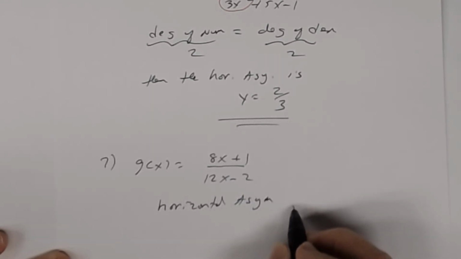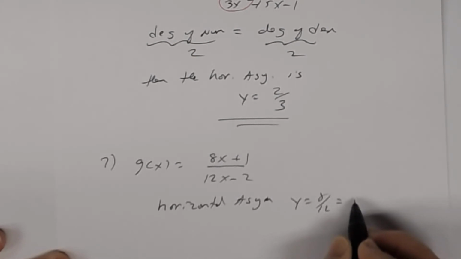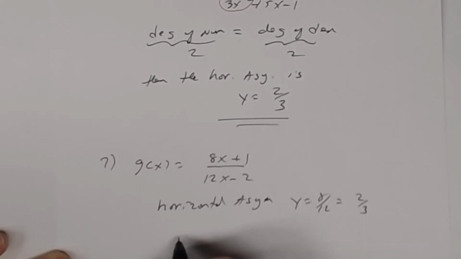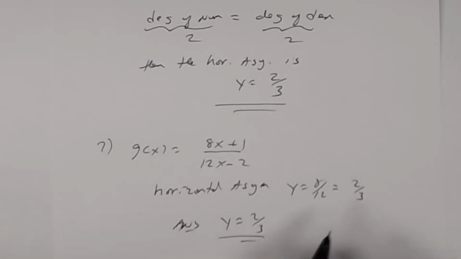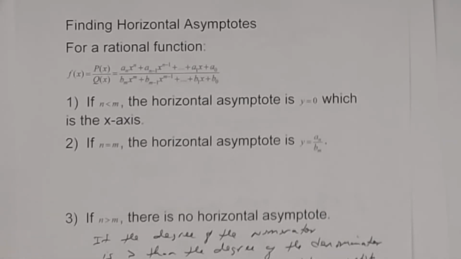So you're going to say y equal 8/12, but reduce that. 8/12 reduced is 2/3. So the answer is y equal 2/3. Just make sure that if you have that situation that you end up reducing. All right, so that is our study on finding horizontal asymptotes for a rational function.